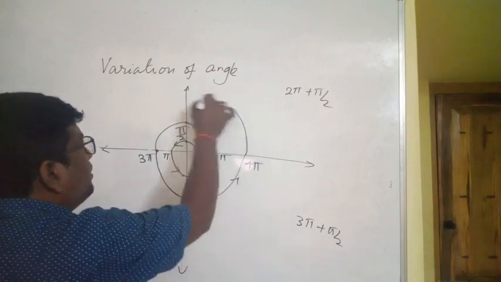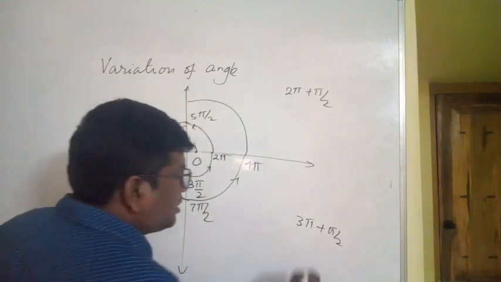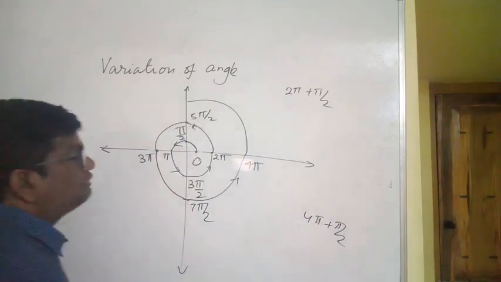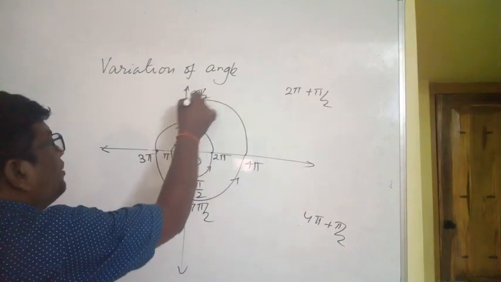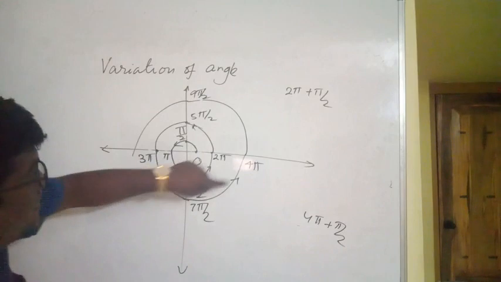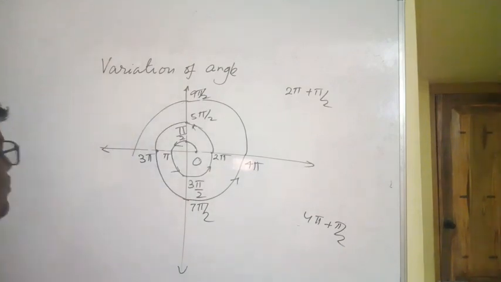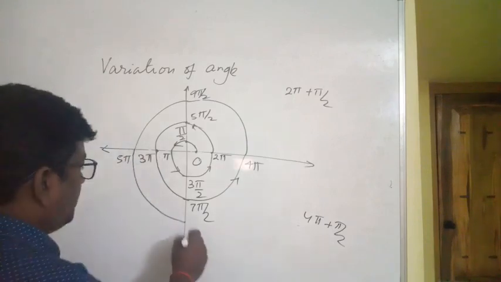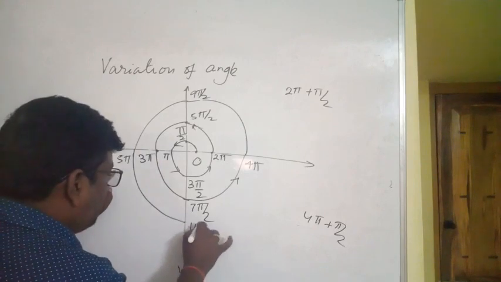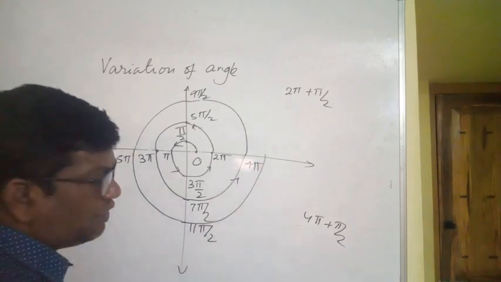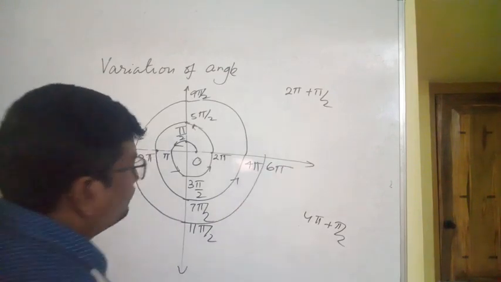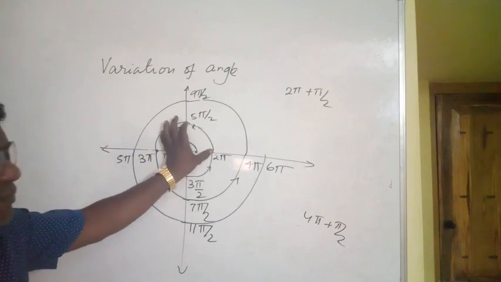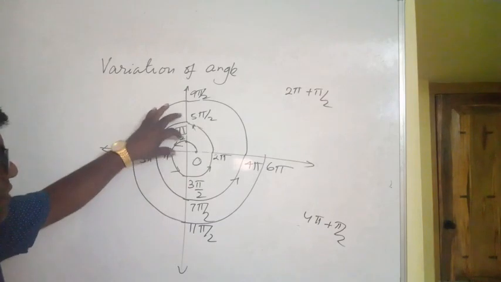Again 4 pi plus pi by 2 is 9 pi by 2, and 9 pi by 2 plus pi by 2 is 10 pi by 2, which means 5 pi. 5 pi plus pi by 2 is 11 pi by 2, and 11 pi by 2 plus pi by 2 is 12 pi by 2, which means 6 pi.